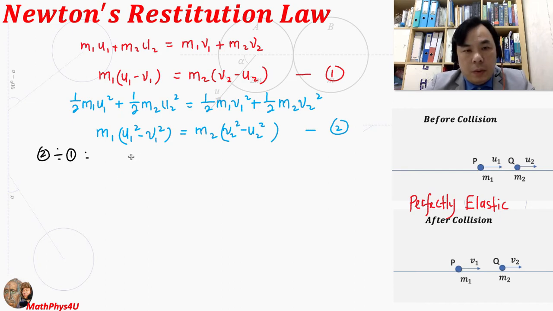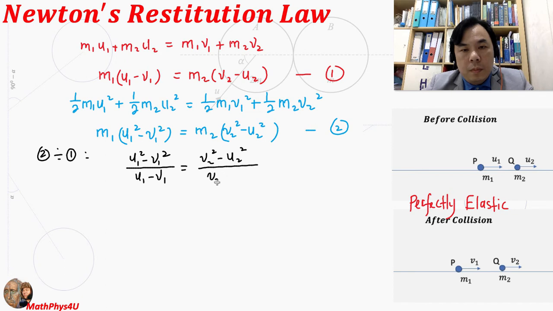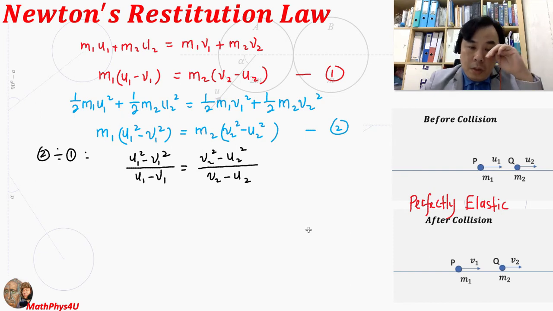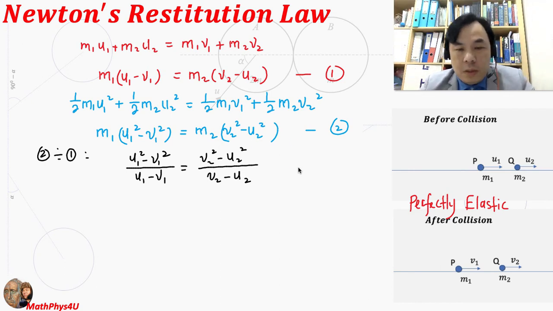Therefore, we will have u1 and so on. Now, we are making the assumption that u1 should not be equal to v1, and at the same time, u2 should not be equal to v2.